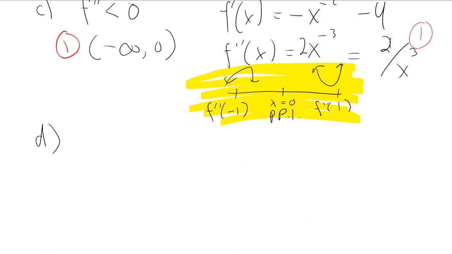Can you set the second derivative equal to 0 and show me how you solve for the point of inflection number? Multiply both sides by x cubed, you get something that's not true. Okay, so the second derivative doesn't equal 0, but just like critical numbers, points of inflection can also occur when the second derivative is undefined.